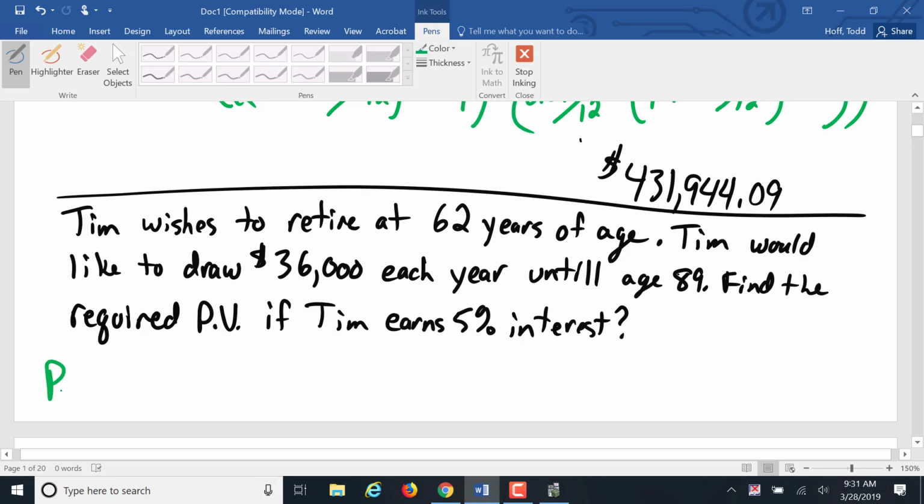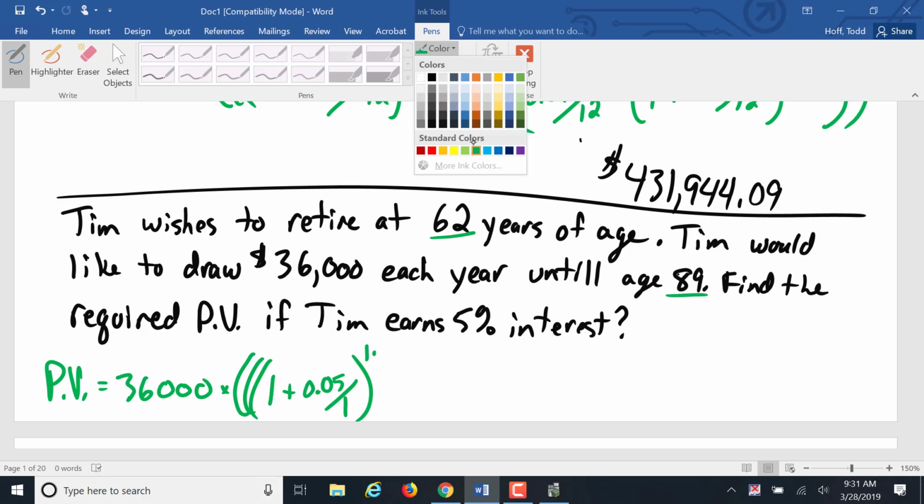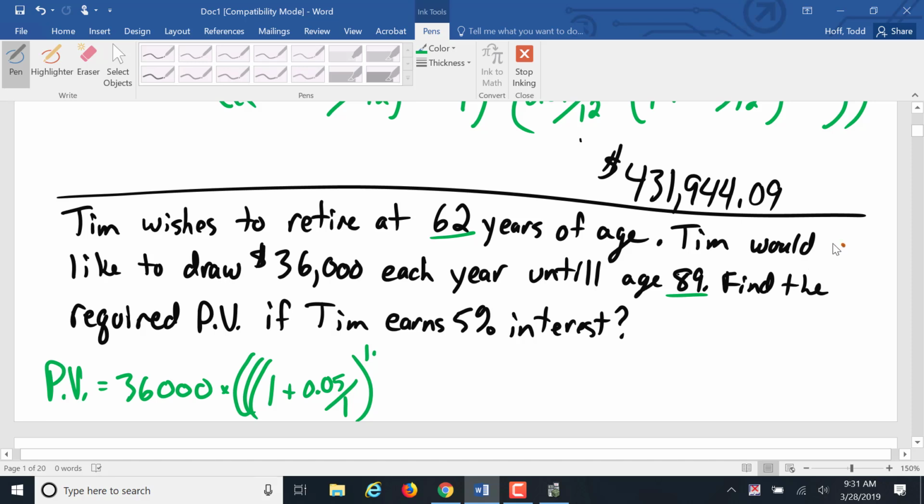So, finding that present value. It's a $36,000 draw times 1, 2, 3, 1 plus our rate, 0.05 for 5%. N is 1, it's only once a year because it's annually, to the power of 1 times, we have to find the years now from 62 to 89. If we subtract that, 89 minus 62 is 27 years.